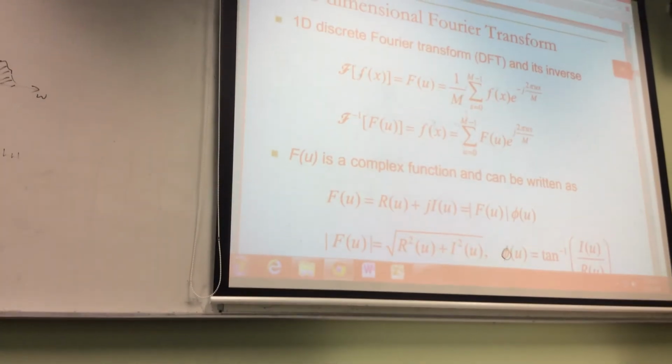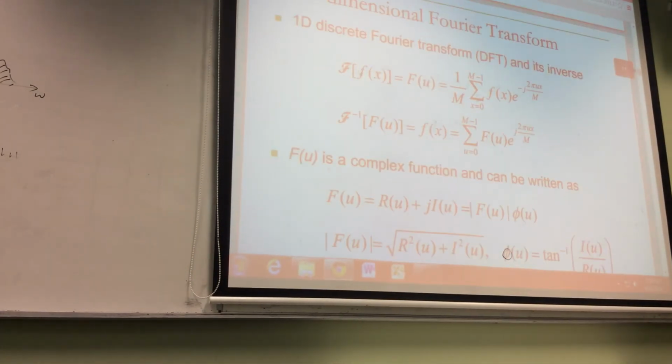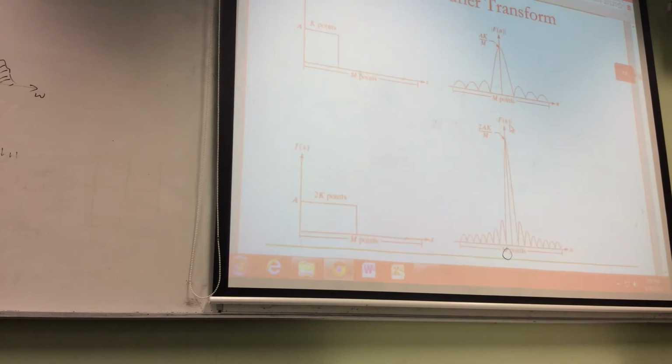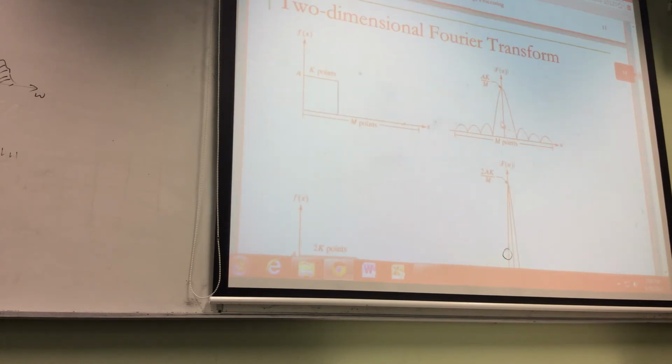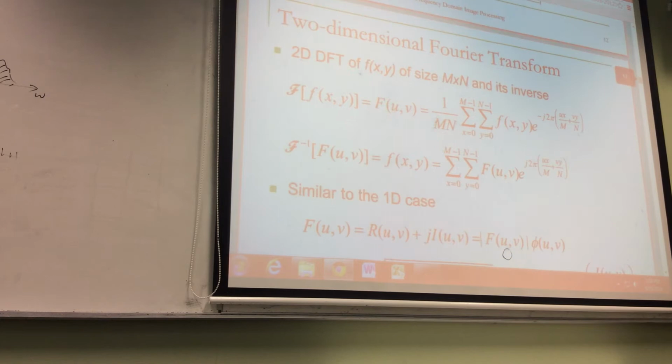So you have definitions of the two-dimensional Fourier transform. This is one dimension, so I think this one is already straightforward. The Fourier transform of the rectangular is a sinc function, right? And this one is the discrete Fourier transform.